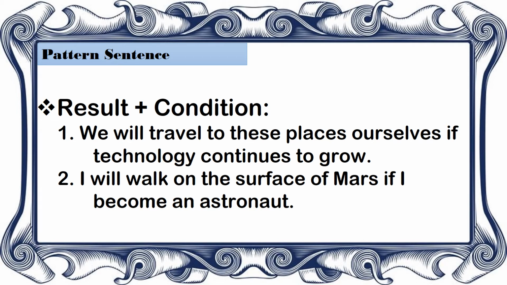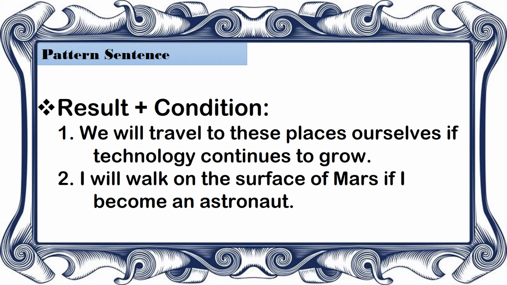As you can see here, we will travel to these places ourselves. We will travel indicates a future tense, the word will and the verb travel. So will travel emphasizes a future tense that makes it the result of an action.